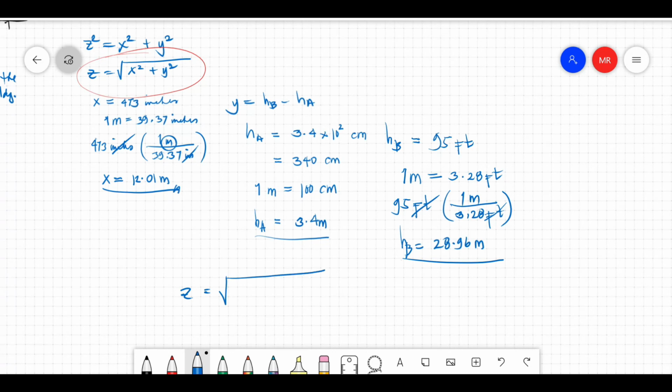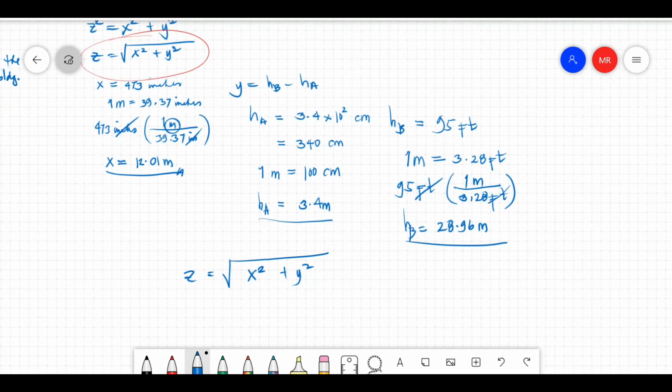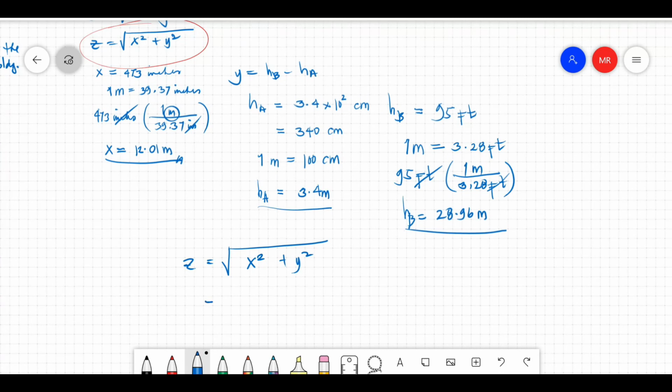It is very important to note that before we solve a problem, the values should be in the same units. That's one of the reasons why we need to be familiar with unit systems, because we cannot solve an equation if the units are different.